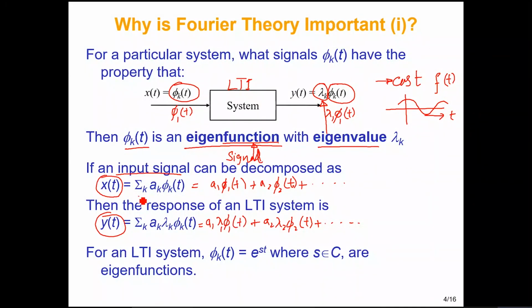So output can be easily computed for that given input. If input is this, output would be this. That's the concept of eigenfunction and eigenvalue.